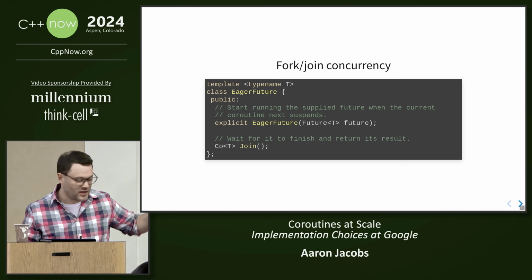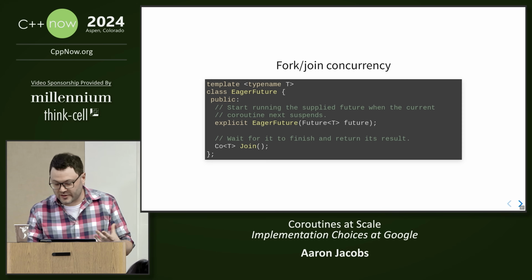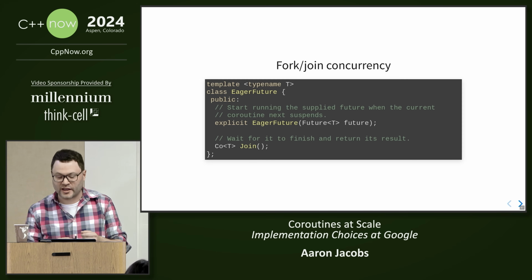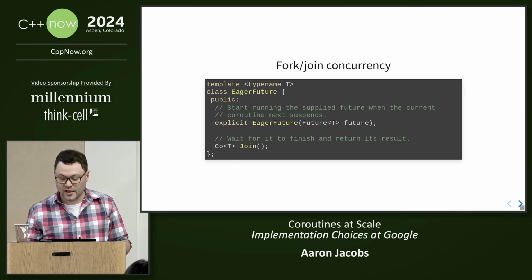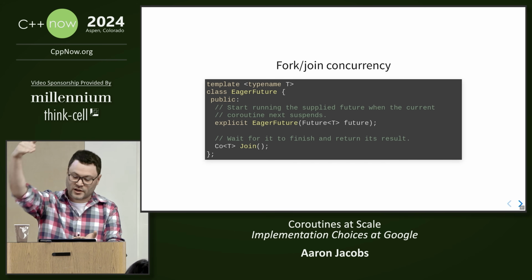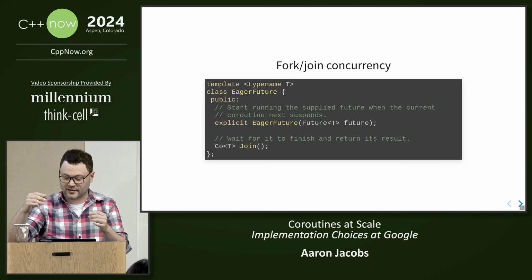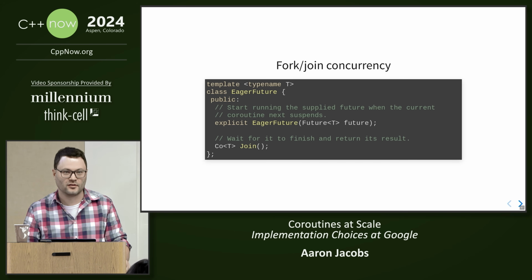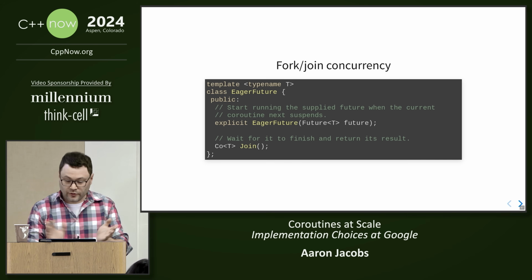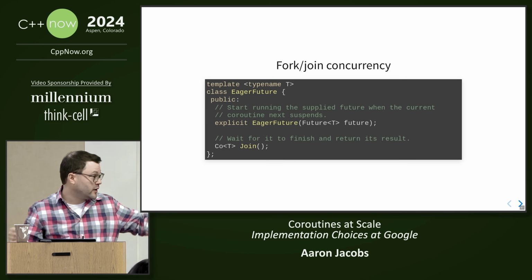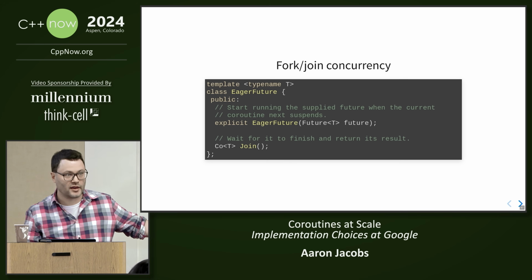It's not a super great name, but you create an eager future object, which starts running it as soon as possible after creation. But of course, because we never have one coroutine running on top of another on one thread, that's never sooner than the caller's next suspension, just like the notify method with event. The eager future then runs independently until you later join it with a join method, which obtains its result.